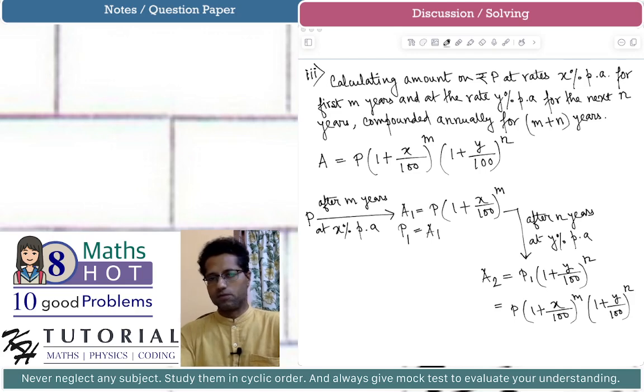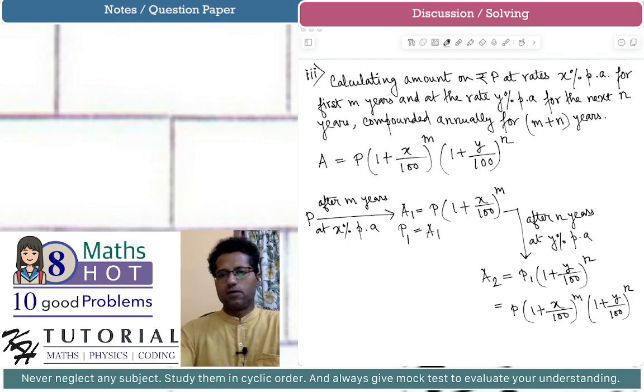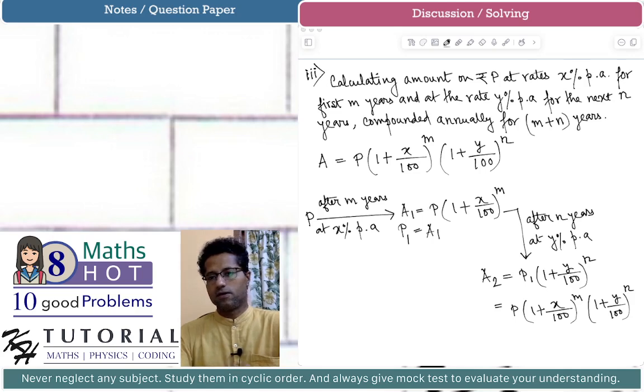Now it is possible that there is a specific rate for some consecutive number of years, like in case 3, we are computing the amount for m plus n years, where for the first m years the rate is same, that is X% per annum, and for the last n years the rate is same, that is Y% per annum.